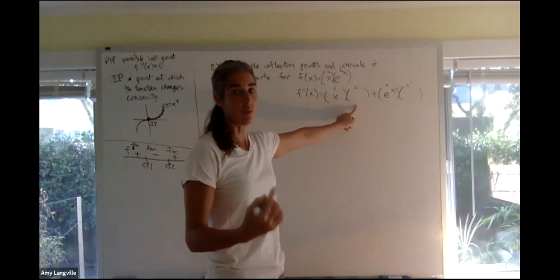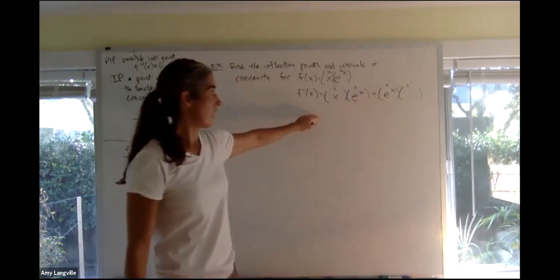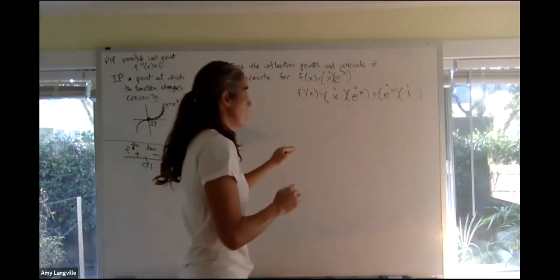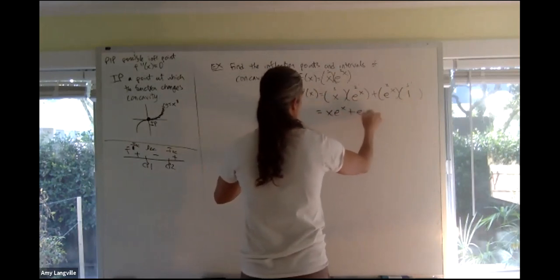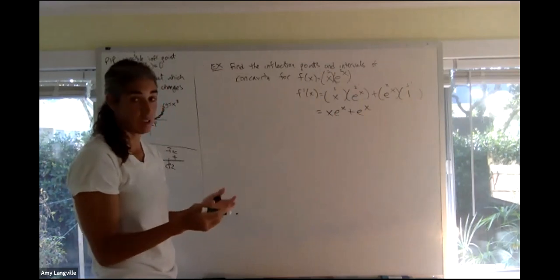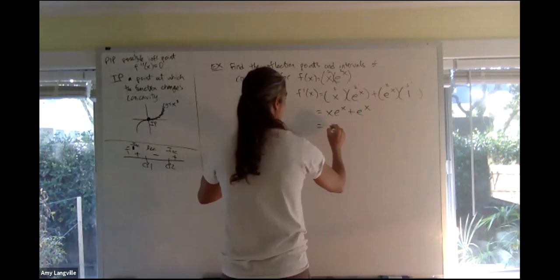So e to the x times 1, which is just e to the x. And then the derivative of x is just 1 by the linear rule. So this is x e to the x plus e to the x. I can leave it that way and take another derivative because I need to get to the second derivative. Or I could factor.